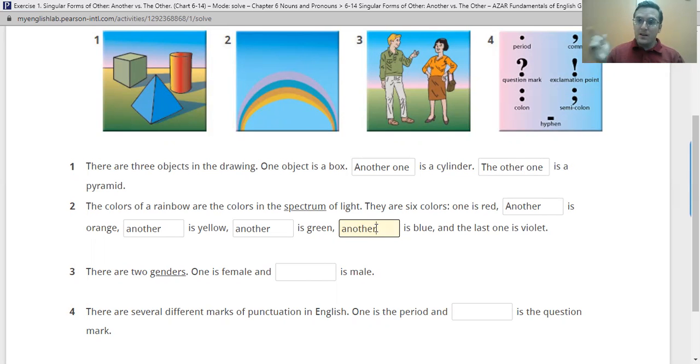So notice the is always used for that last one. The other one, the other, the last one is violet. Every other color is another color, another one.